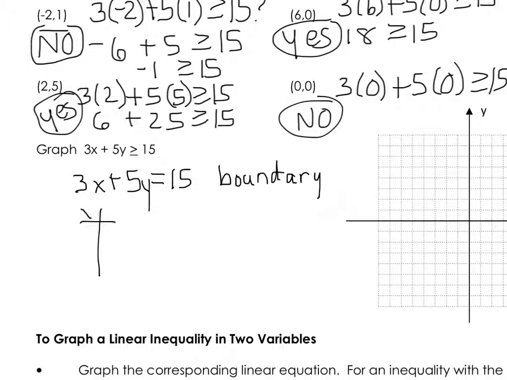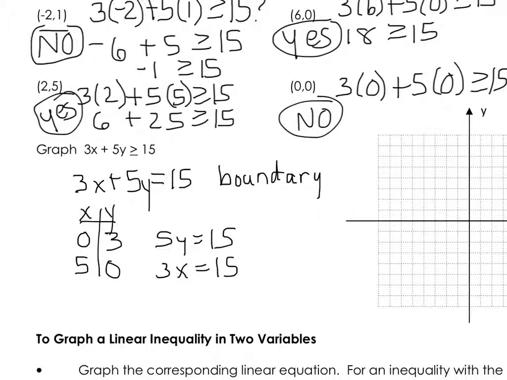It's in general form, so I prefer to graph lines in general form by the intercept method. If x is 0, you get 5y equals 15. So y is 3. If y is 0, you get 3x equals 15. So x is 5.